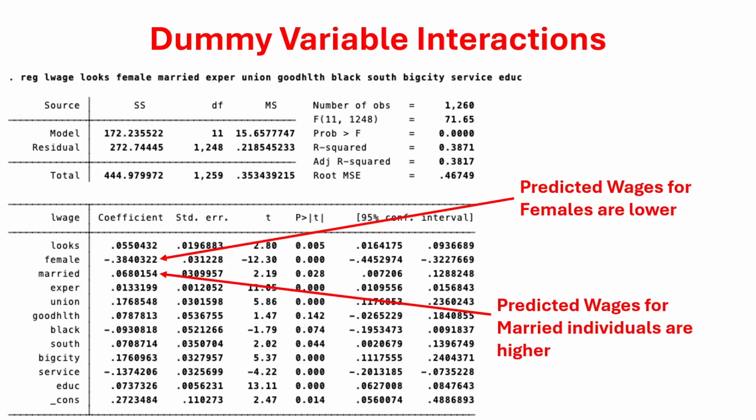If I don't include that interaction, what could I see the effect of being married be? One's positive, one's negative. I could actually see no effect. But that's not the case. There is an effect. It just varies across a different group. So here, both are statistically significant, right? So it's not that I didn't find zero effect, but this is just the average effect of being married.